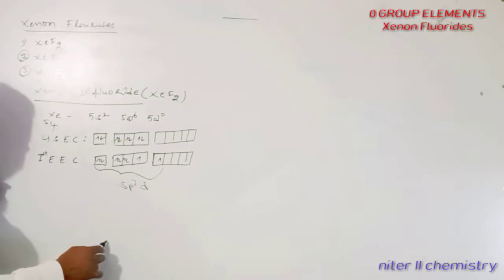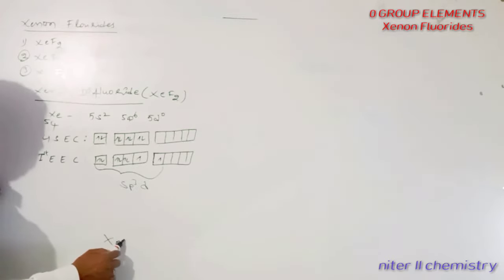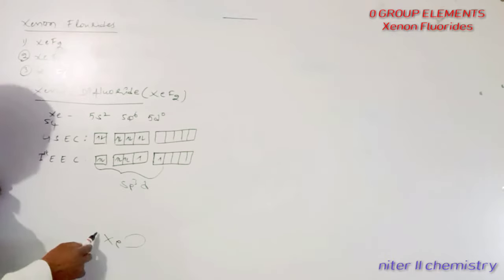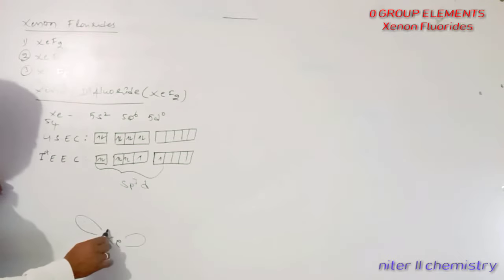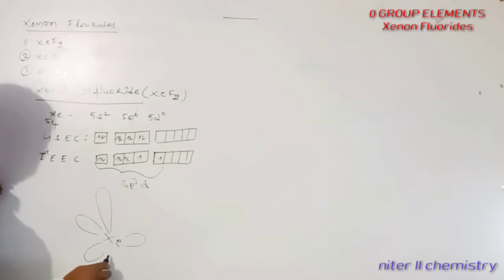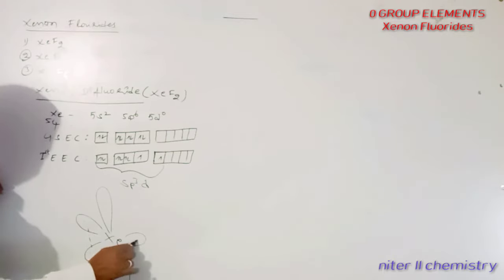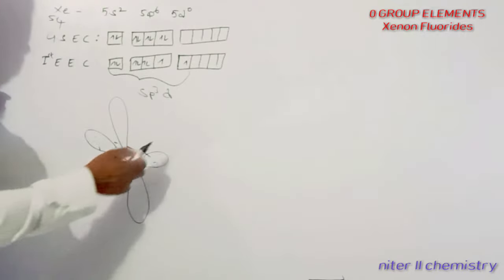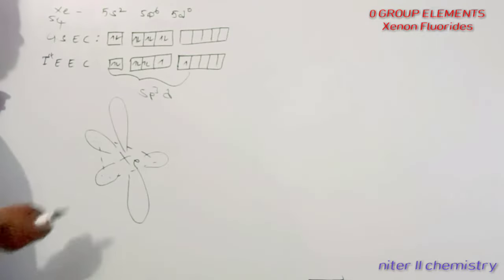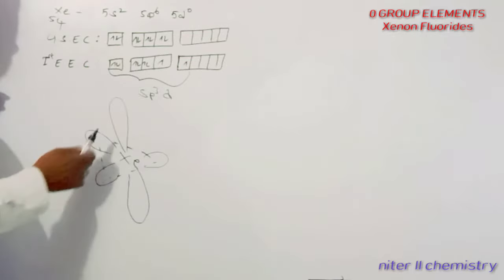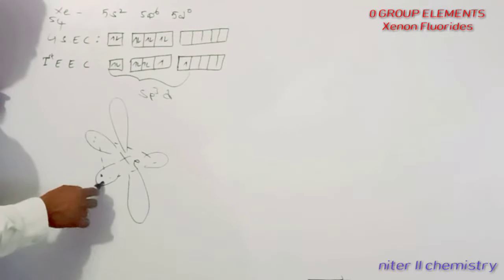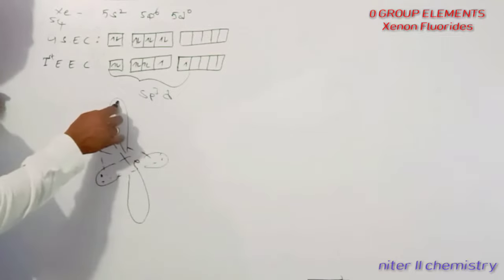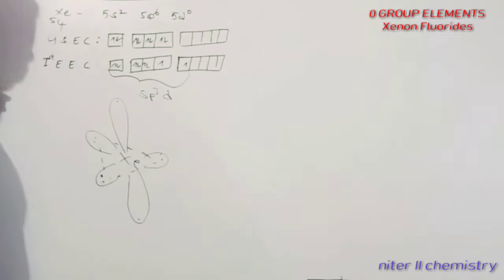Just like this, I am drawing the sp3d hybrid orbitals like this. Here one orbital is upside and another one is downside, and three are trigonal. In these 5 sp3d hybrid orbitals, 3 orbitals contain lone pairs of electrons. The other two orbitals contain only unpaired electrons.